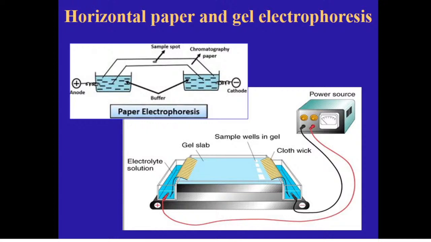Depending on the pH, proteins will be charged specifically, and positively charged proteins will go to the cathode, negatively charged to the anode. So this is an example of how paper and gel electrophoresis can be done horizontally.